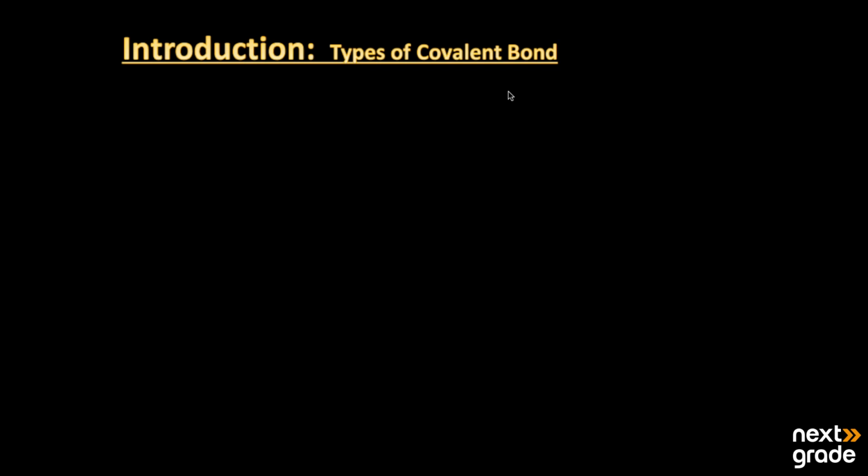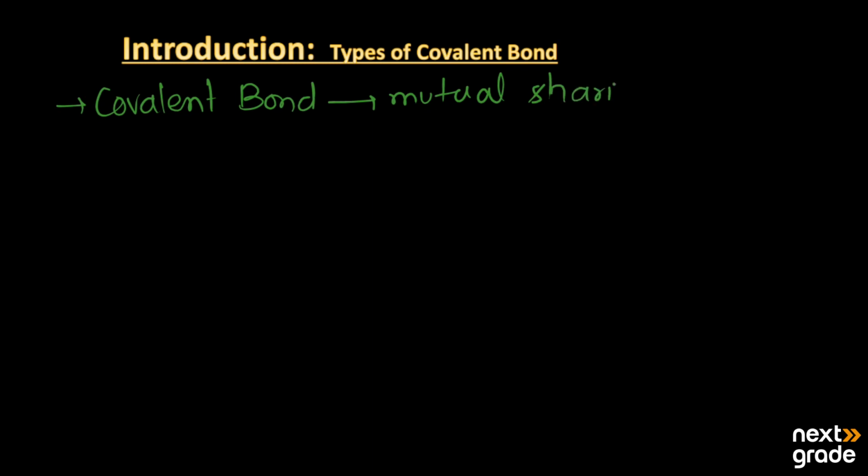Today we are going to start the lecture on the types of covalent bond. So let's have a look at how many types of covalent bond there are. Basically, when we talk about the covalent bond, this bond is formed when there is mutual sharing of electrons, and we have basically three types.